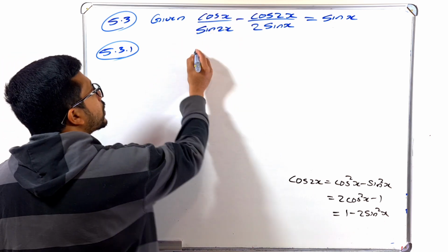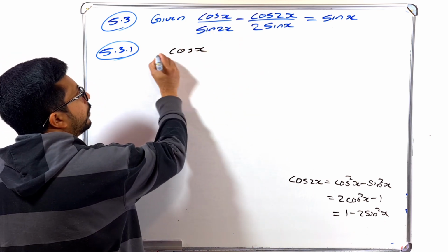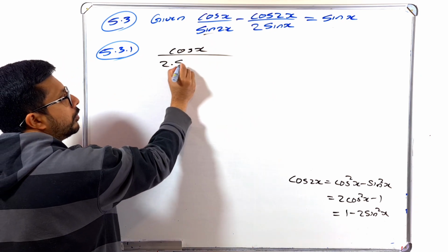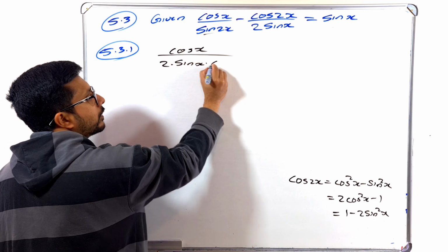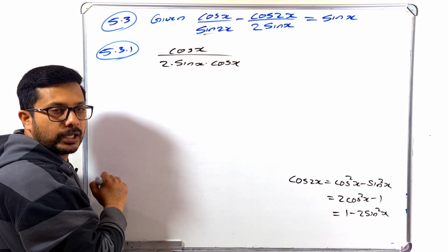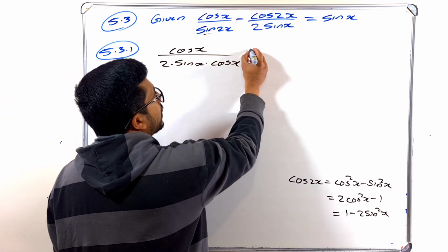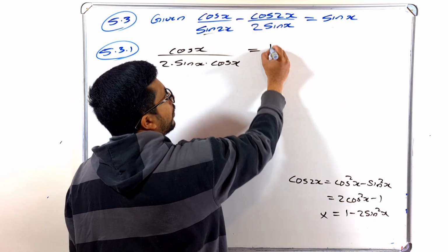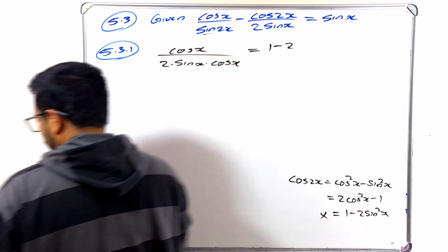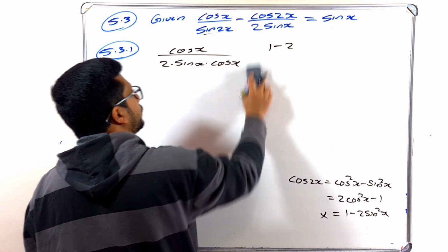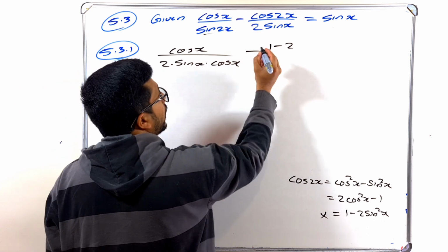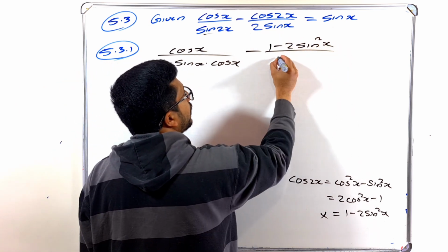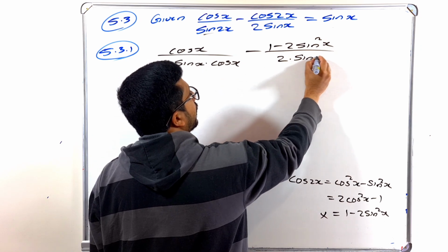Okay, so cos x divided by this sin 2x is a double angle. So what we can write, 2 into, you know that formula here, 2 sin x cos x. We can expand like that. Then cos 2x is equal to, I'm going to select this formula, the third one, so it is 1 minus 2 sin square x, divided by 2 sin x.